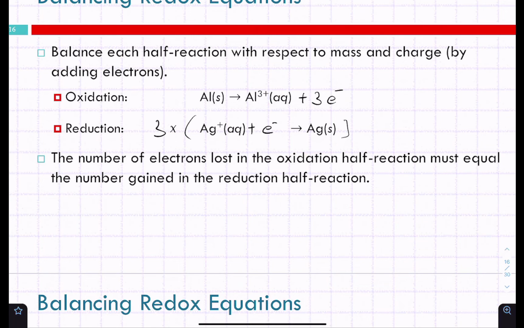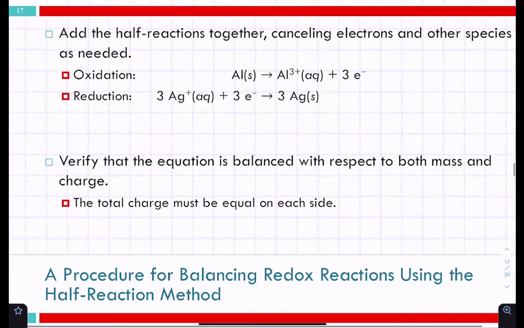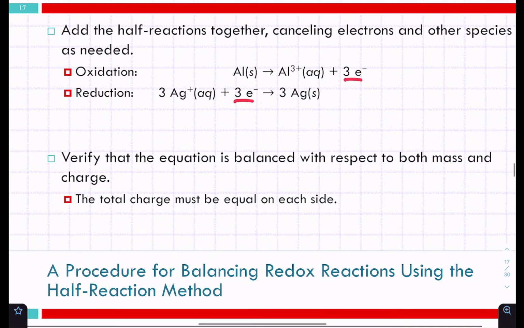Going from this slide to the next, you're going to see that we go from 1 silver, 1 electron, 1 silver neutral to 3, 3, and 3. So we multiplied all of the coefficients by 3. Now we have 3 electrons here and 3 electrons there, so we've accounted for the exchange of electrons between these half reactions.